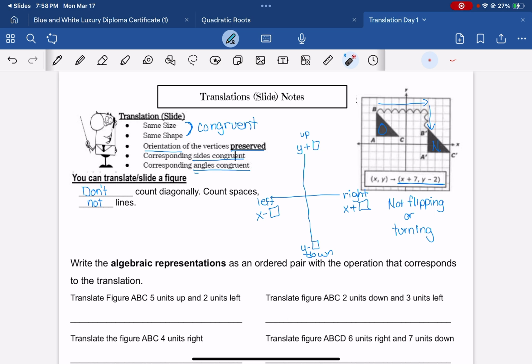I'm going down, so that means I'm going to subtract. Well, I went down 1, 2, 3 spaces to get to this corner. And they're saying 2. I'll be honest, I don't like the bumps. I prefer a straight line.